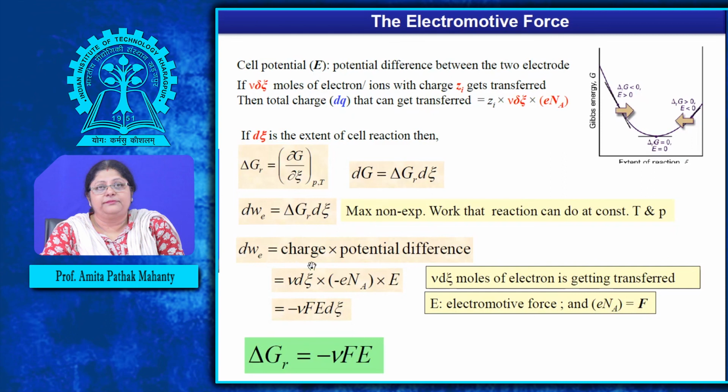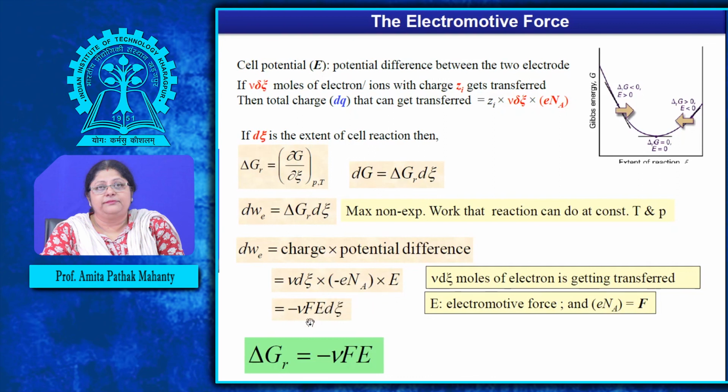So the work done is charge times the potential difference. E is the electrode potential, the potential difference between the two electrodes, and the other term is the total charge, the moles of electron transferred, with Z taken as 1 for the electron.